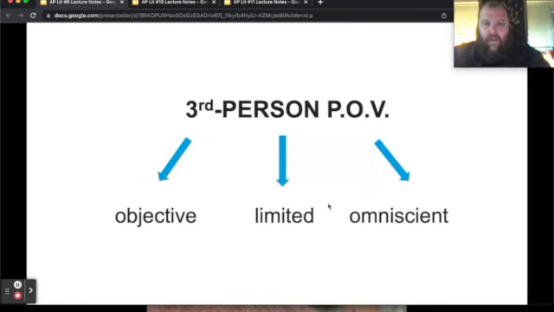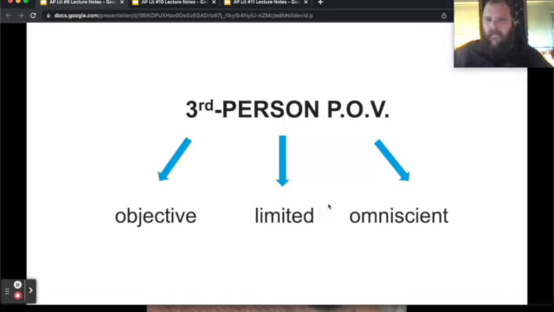Third person, these three options, what this allows is for a narrator of a story like The Lottery to stand back and present a whole scene, a whole world, objectively.